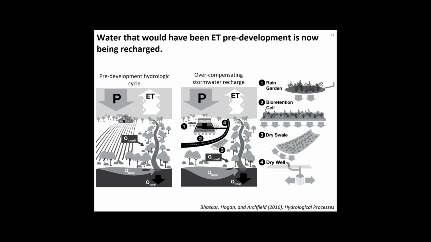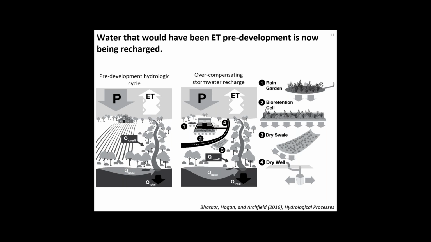And so there's the potential for water that would have fallen as rain in a pre-development situation, been stored in soil moisture, and later been taken up by plants or evaporated. In this case, this water might have been collected in a storm drainage system, channelized towards an infiltration facility and gone towards recharge, rather than what it was doing pre-development.